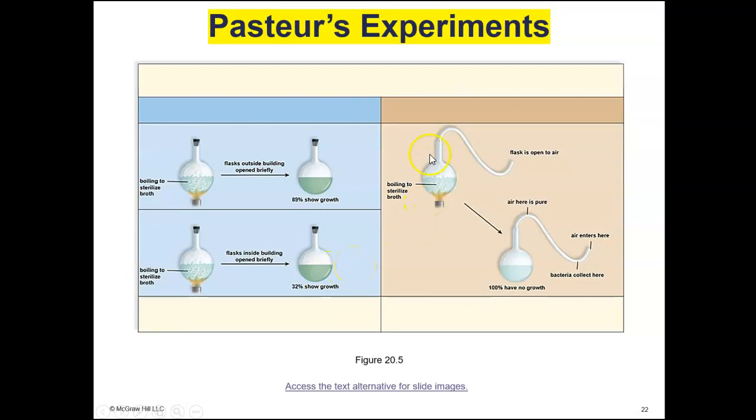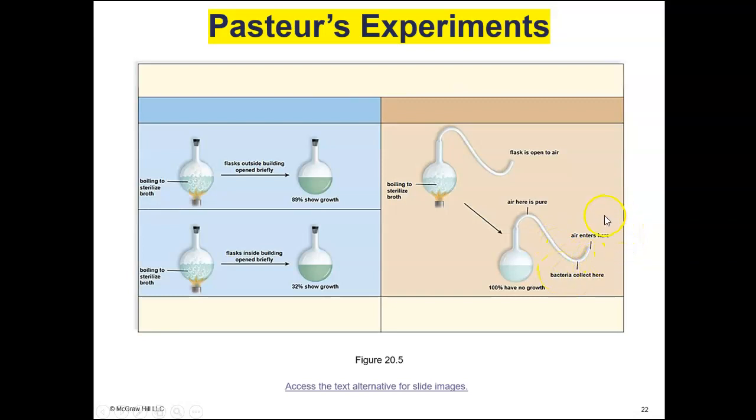but there were still bacteria that were getting inside the flask, even inside the building. So he invented this curvy neck for the top of his flask, and he didn't even use a stopper. He just had a flask with this S-shaped neck. He boiled it, and he saw 100% had no growth with these special necks that he invented.